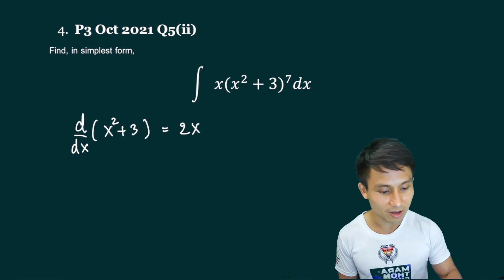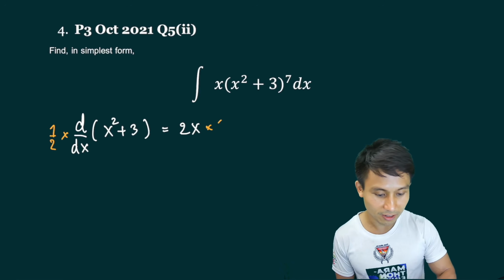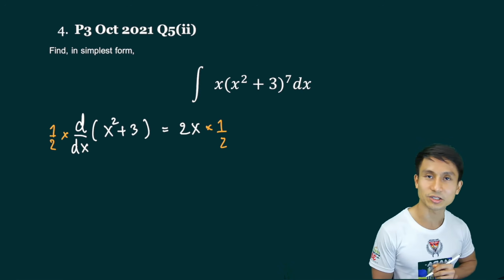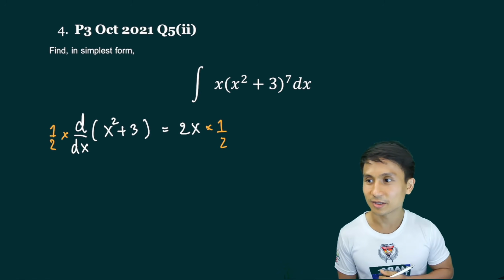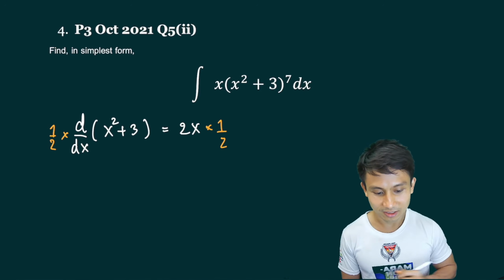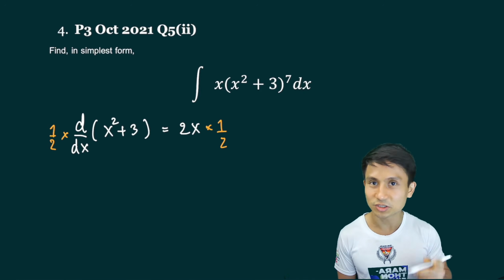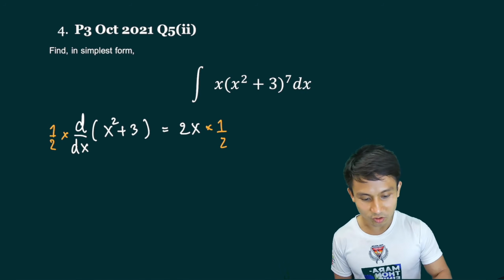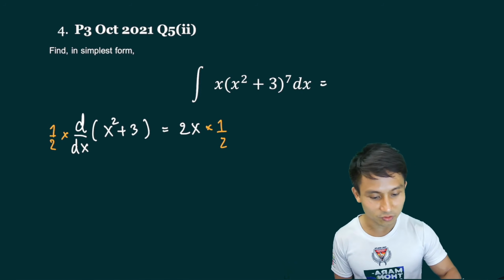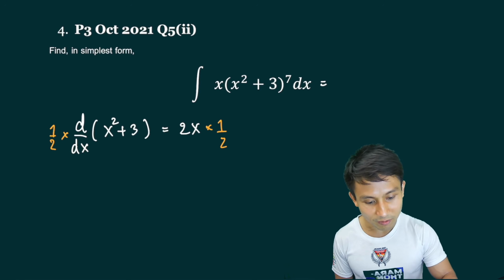So that would be our correction factor again. So I'm just going to do a half here multiplied, a half here multiplied to make the equation work here. So on the right side, we already get x. What next? You can now do the power rule, like the reverse chain rule of the power rule. So this whole thing will just be equal to the power. If I bring that form again, I'm just going to write here.